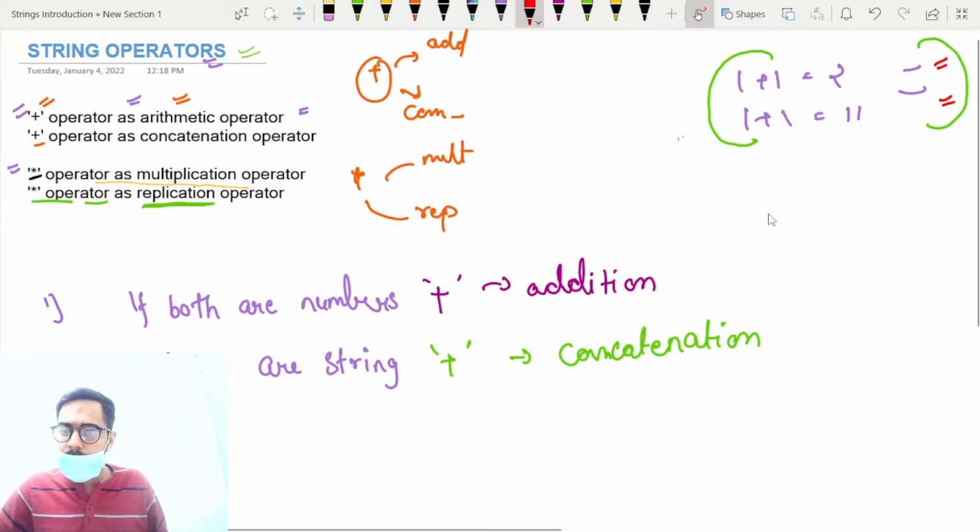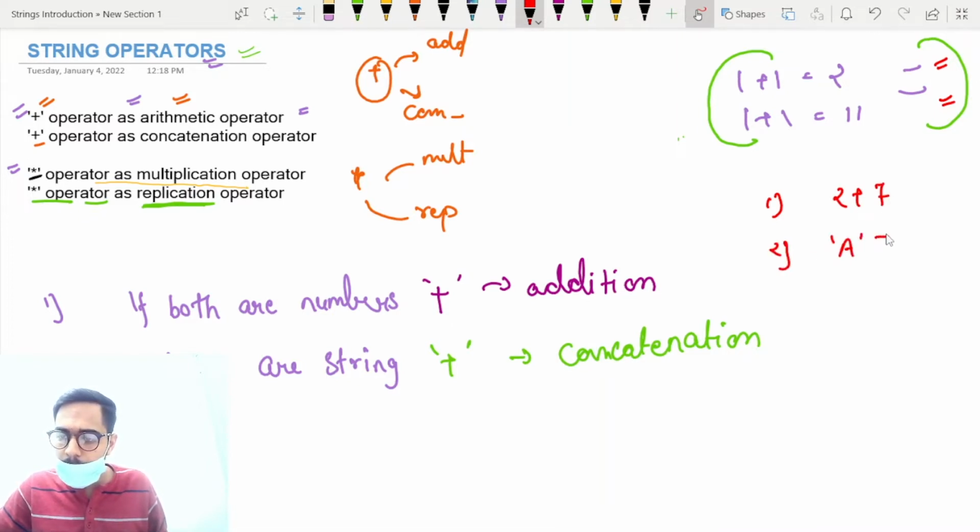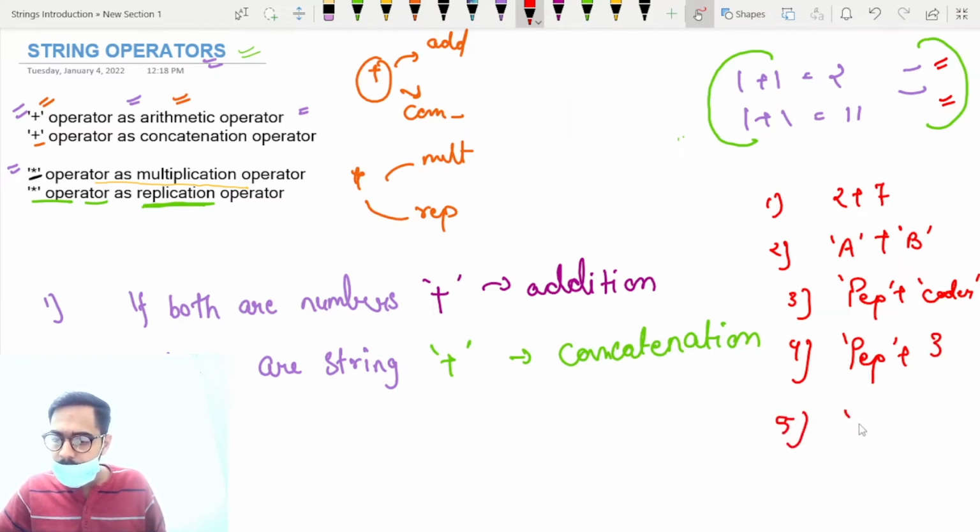So let's look at these: 2 plus 7, a plus b, pep plus coder, pep plus 3, pep plus 3.